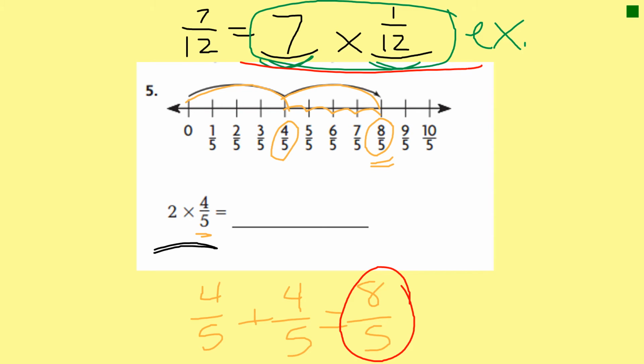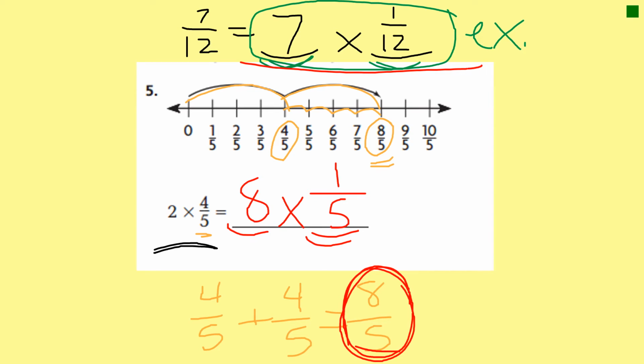So 2 times 4/5 is the same as a whole number times a unit fraction. What's the unit fraction going to be for 8/5? Well, that's just going to be 1/5. Remember, unit, 1 unit, 1, and then fifth. And how many sets of 1/5 is 8/5?